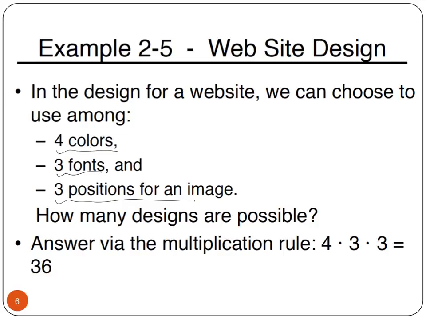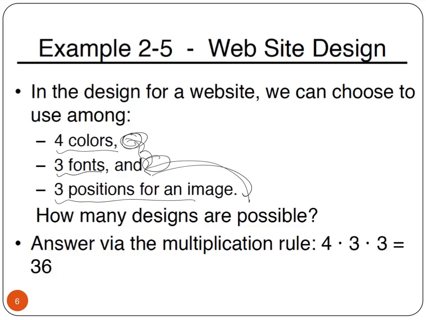The multiplication rule says that you have 3 steps of doing the experiment. You have to choose a color, and then after that you choose the font, and then after that you choose the position of the image. And for the combinations of all possible choices, the total number of possible outcomes is found as follows. When you choose a color, you have 1 out of 4, so there are 4 possible choices here.